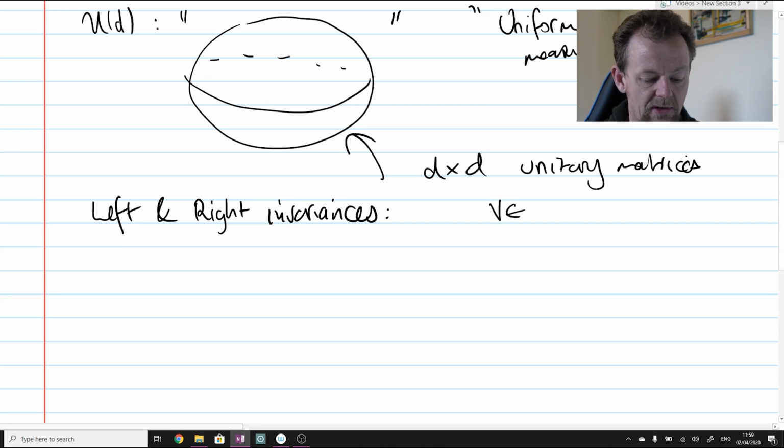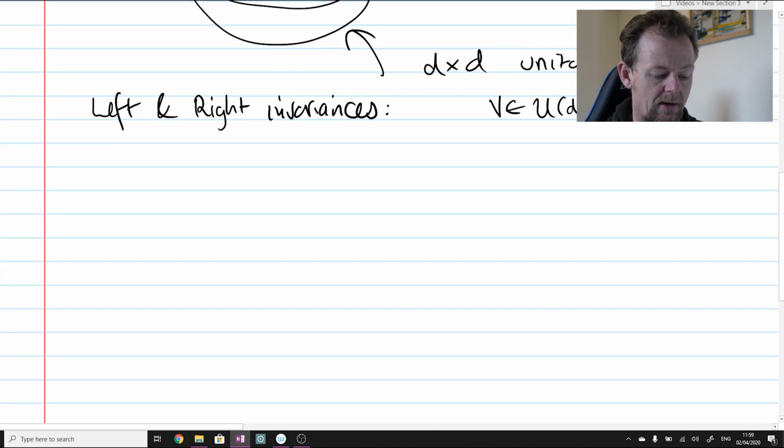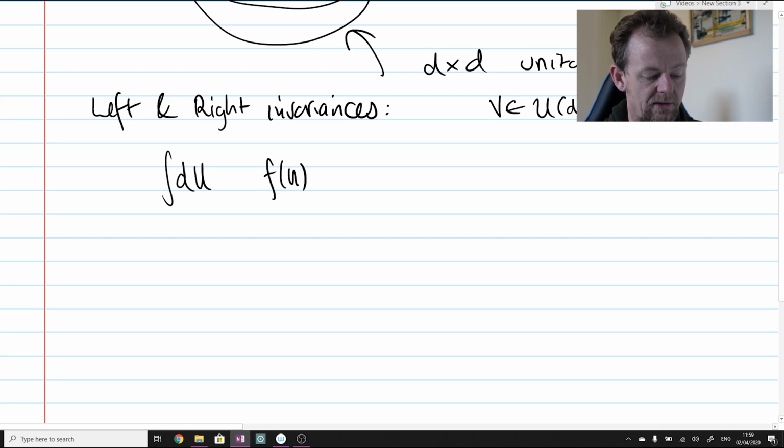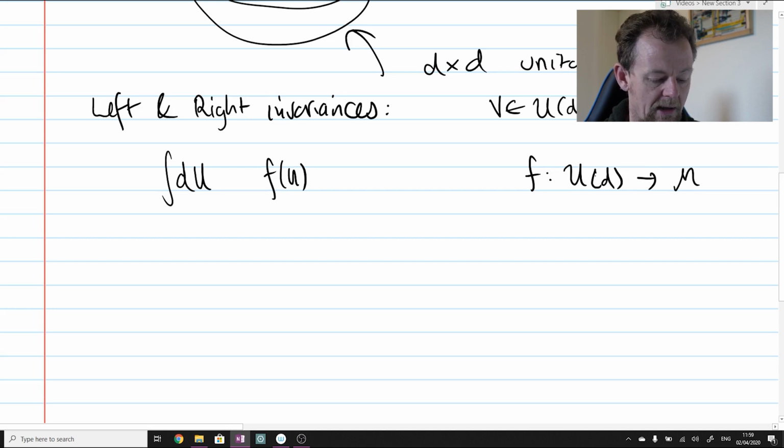So suppose that v is a fixed unitary operator, and you've got some function f on this unitary group, so f maps from the unitary group of d by d unitary matrices to something else, some other space, we'll call it M.